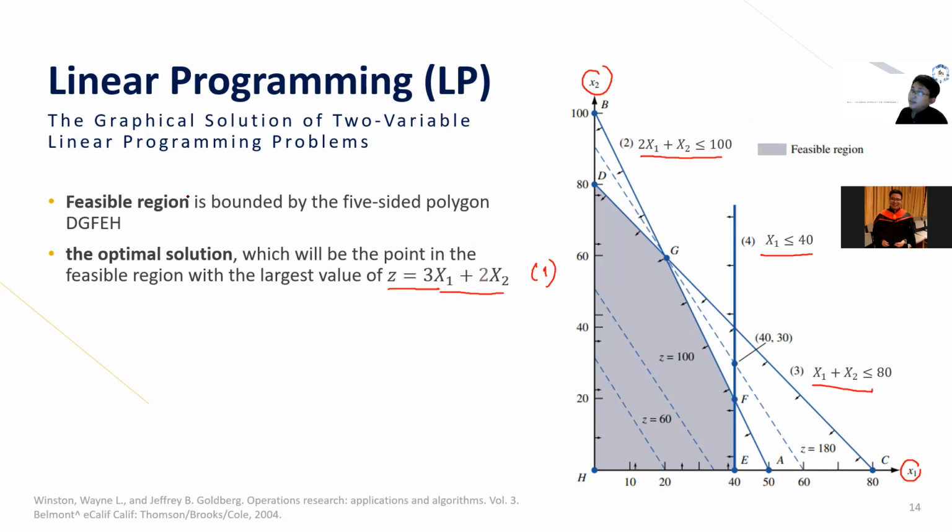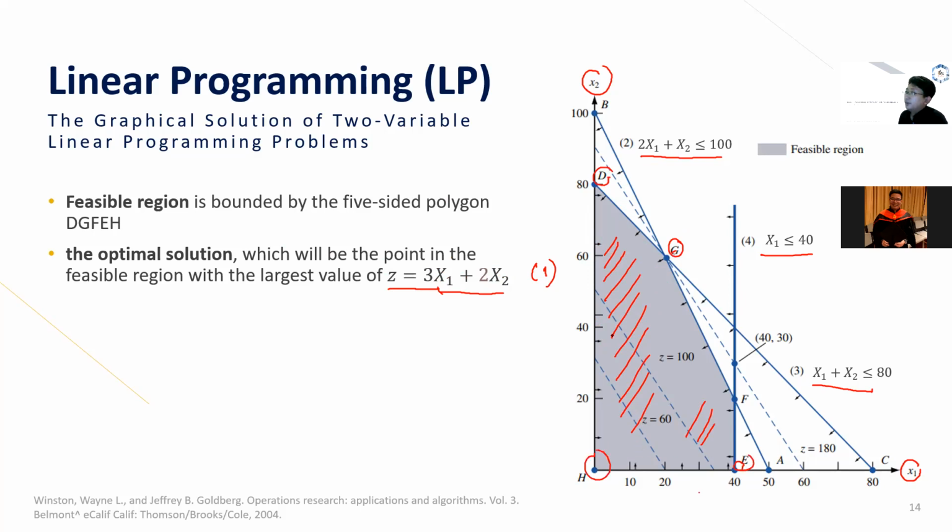So here we have the terminology of the so-called feasible region, the one that is marked by the gray area. The objective is to find the values of x1 and x2 that are covered in this feasible region, inside this polygon DGFAH.